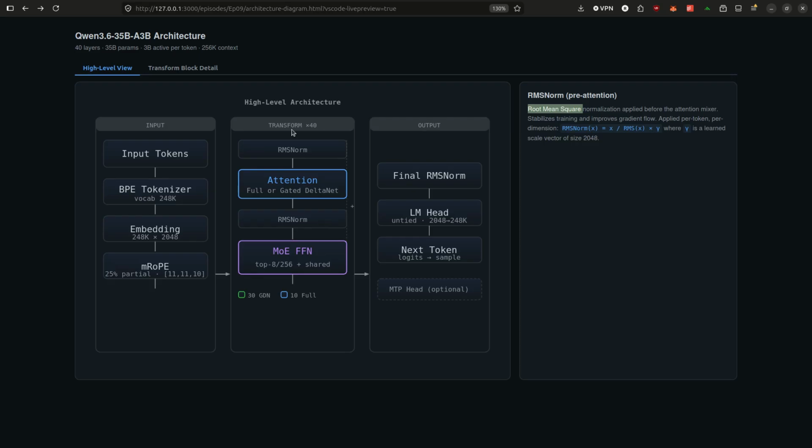So each and every token is normalized with a very simple RMS normalization, and also a gamma, which is actually a learned vector. As part of the training process, there is a learning. So it's a small parameter set which is applied to the RMS norm.